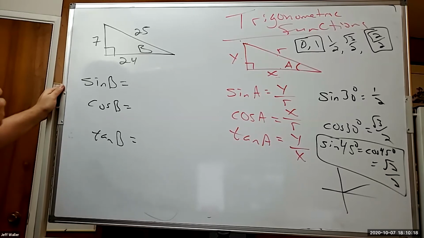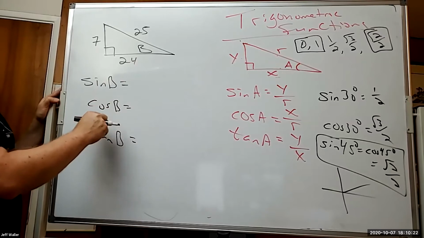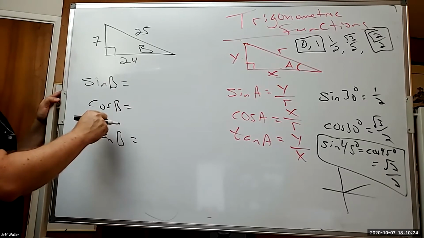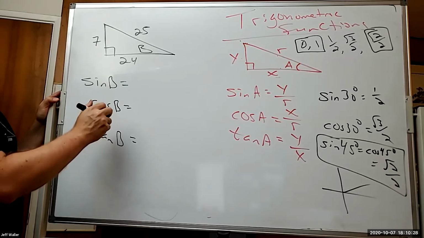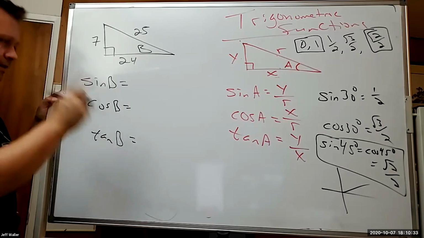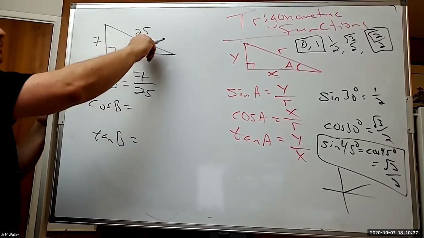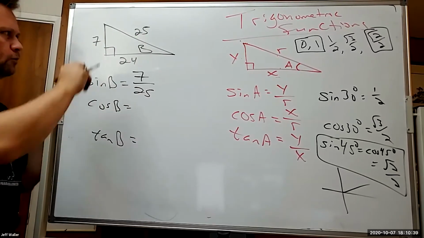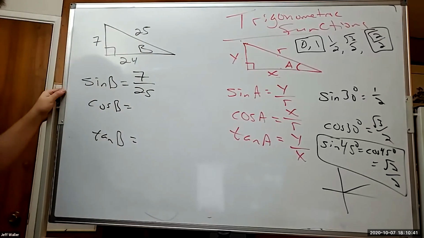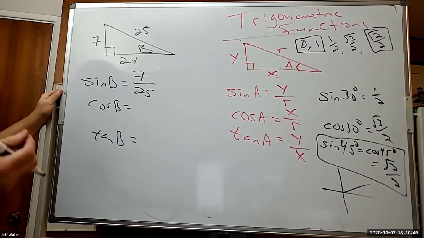Okay, so somebody tell me what sine of B is. Seven over 24. No. 7/25. Yes. Y to hypotenuse, right? Y to radius. You guys see that?